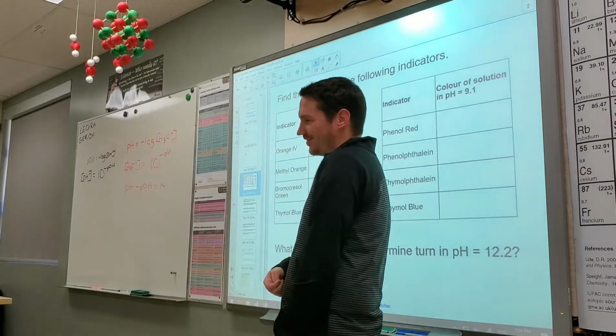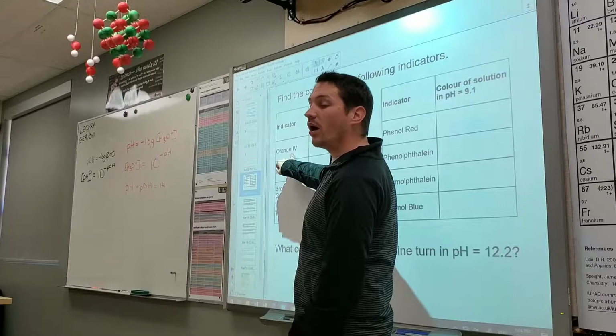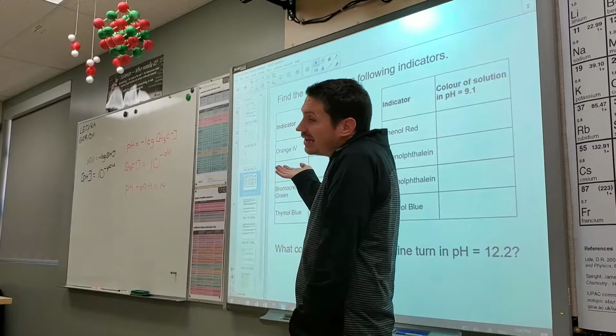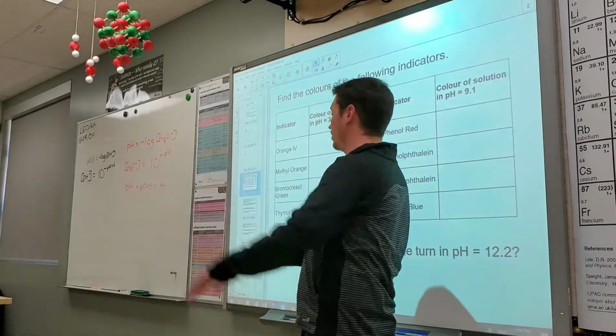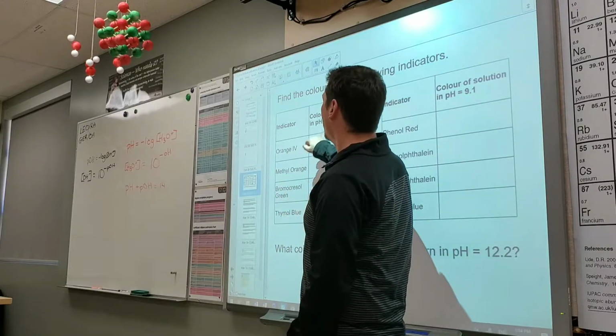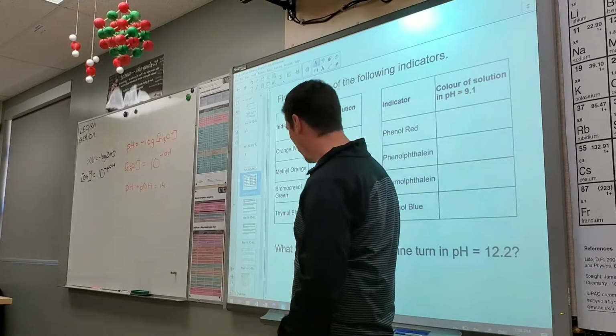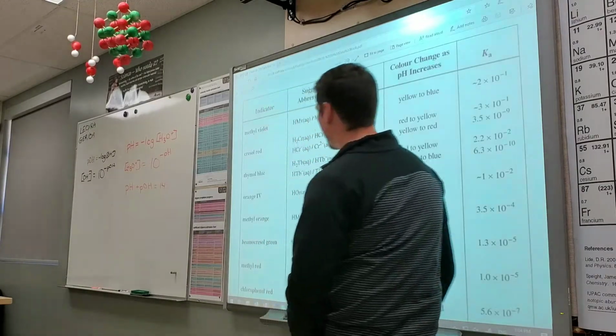What I want you to do on your data booklet or in your notes, it'll probably be easier to have your data booklet out, is look at orange 4. I want you to try and find where 3.7 would be on the indicator orange 4. It's yellow.